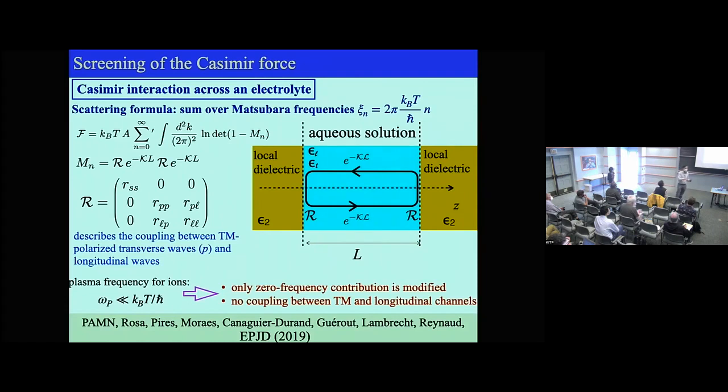But here in the Casimir community, I think most of you agree that the zero frequency is just another pole of the hyperbolic cotangent, and has to be treated on the same footing, by the same formalism, and I take the zero frequency limit only at the very end. This is what we do in Casimir usually, and this is what we have done here too.